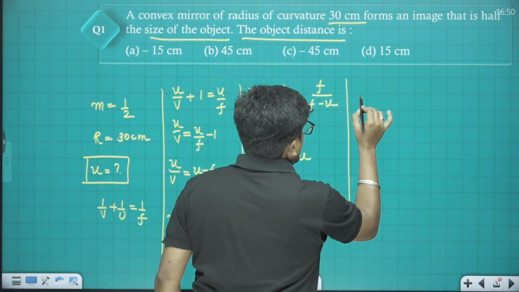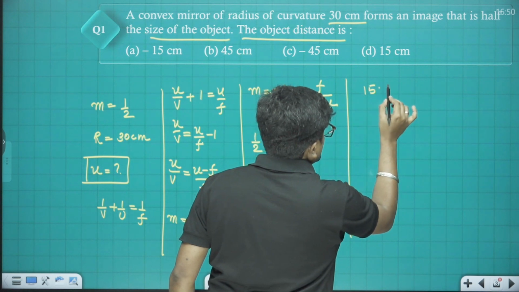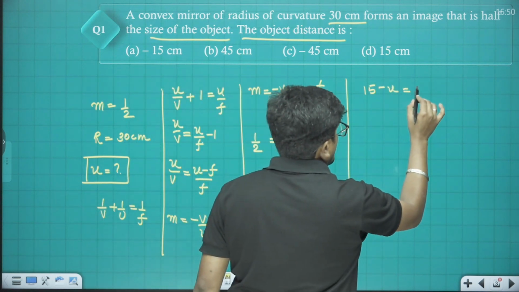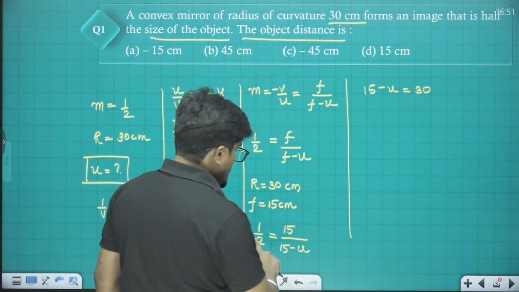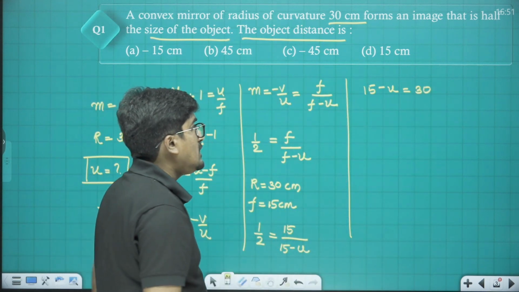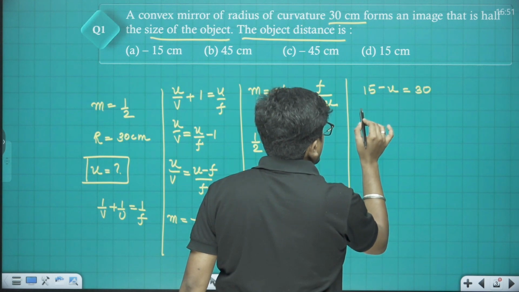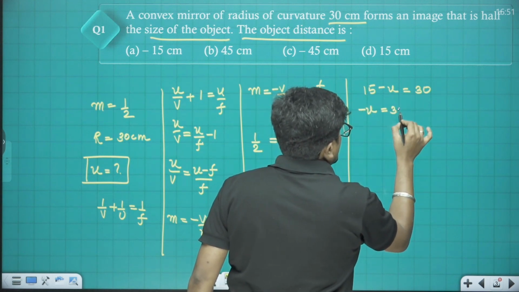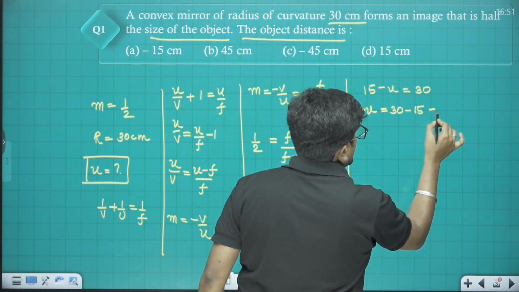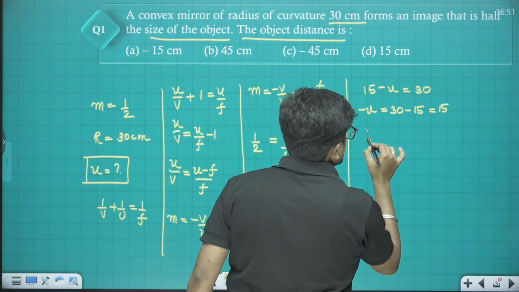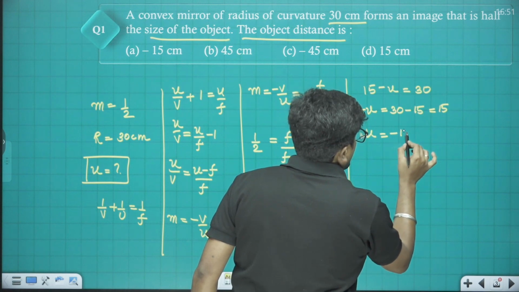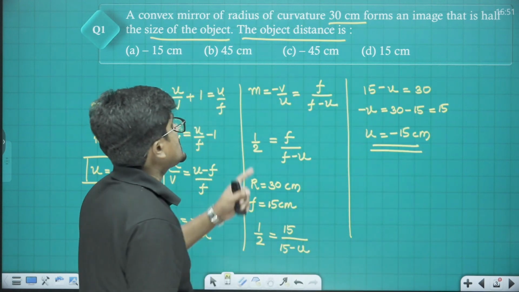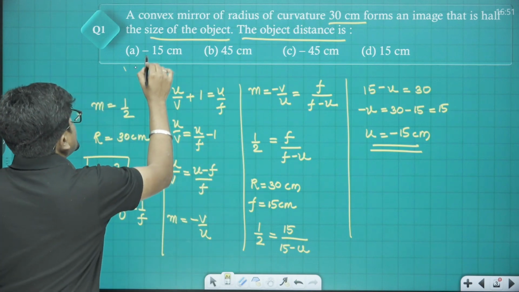Rearranging this, 15 minus u is equal to 30, this 15 into 2 will give 30. So from here, minus u is equal to 30 minus 15, that is 15. So the value of u is coming as minus 15 centimeter, which means option A must be the correct answer in this case.